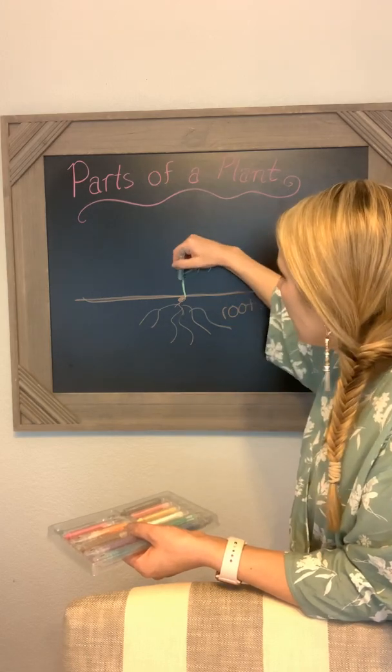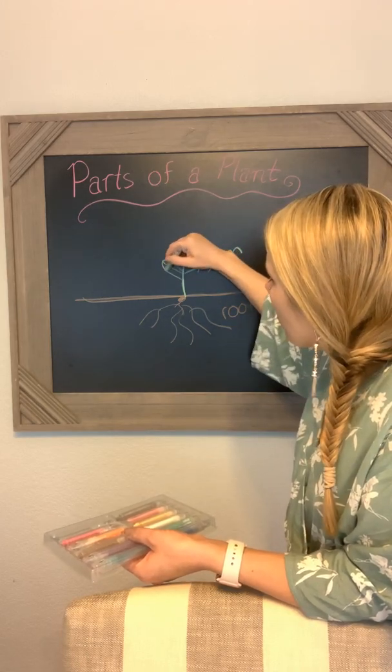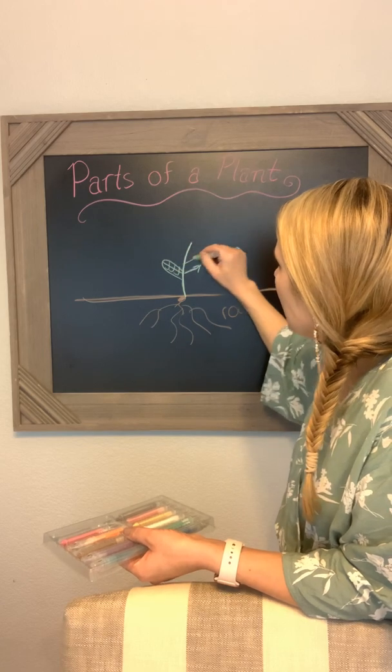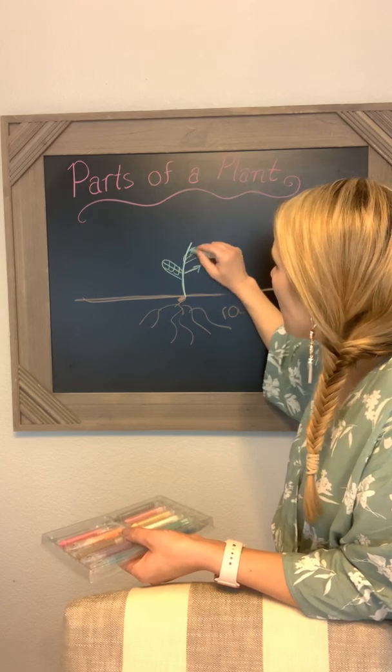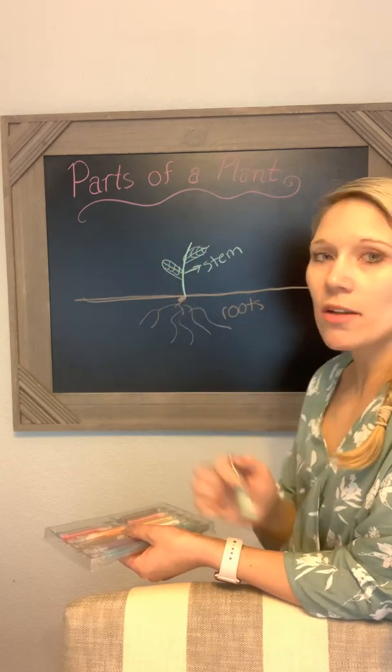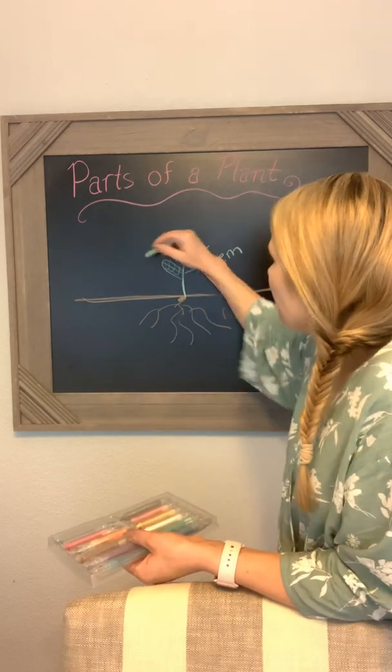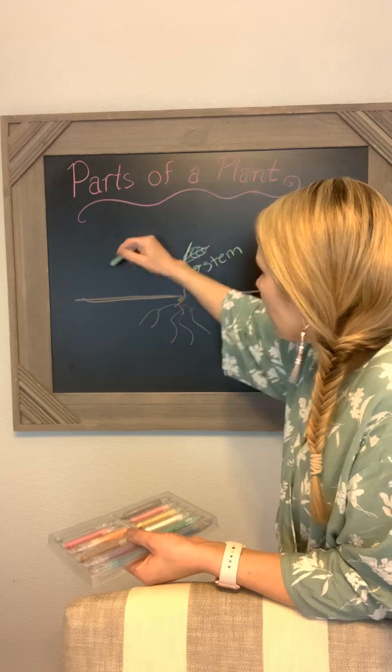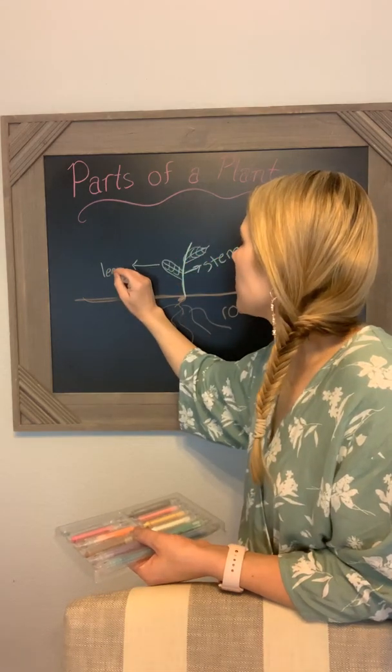Now also on the stem, we have these things, and they can be different shapes and sizes depending upon the plant. What are these called? These are your leaves.